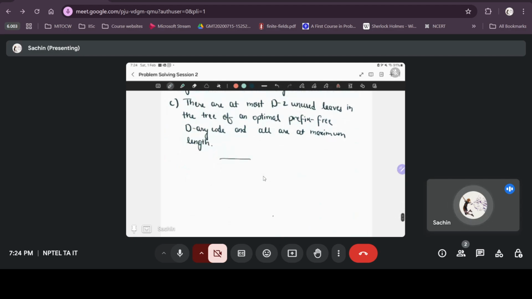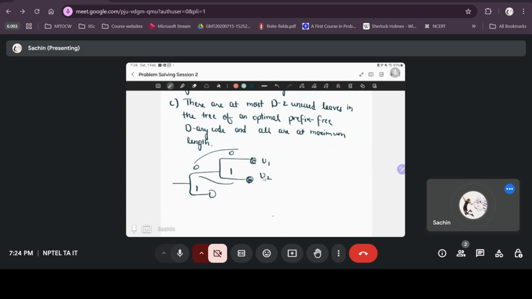Now here again, suppose you had a leaf that was not at maximum length. So this is at length 3. Code word 00 is for message U1 and code word 01 is for message U2.